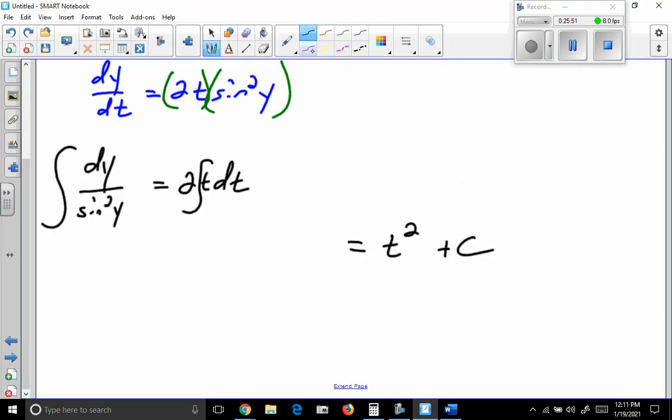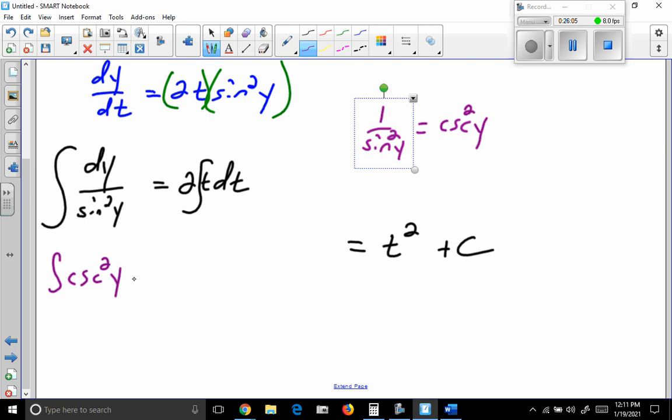Well, remember that 1 over sine is cosecant. So 1 over sine squared would be cosecant squared. Here is cosecant squared y dy. And we have a formula to integrate that.